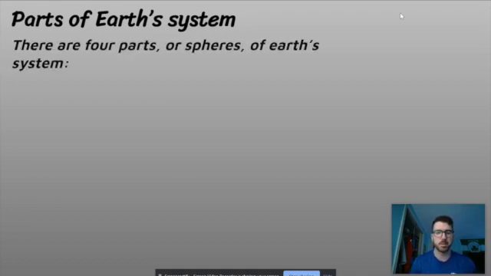All right, so let's talk about the different parts of the Earth's system. Some of these we have probably heard of before, and some we may be hearing for the first time. There are four parts, or spheres, of Earth's system. The first sphere is the atmosphere. We've definitely all heard of this. The root atmo means vapor, so it's a place where there are gases and water vapor.